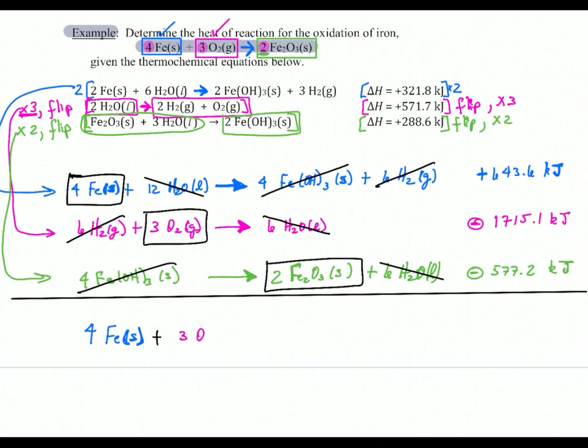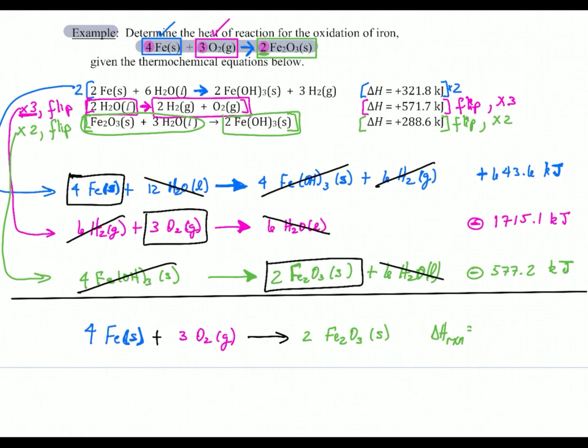We ended up with 3 O2 gas on the left, right where we wanted it to be. And finally, we ended up with 2 moles of iron(III) oxide solid on the right. So we need the delta H of reaction for this equation. That was the whole point.